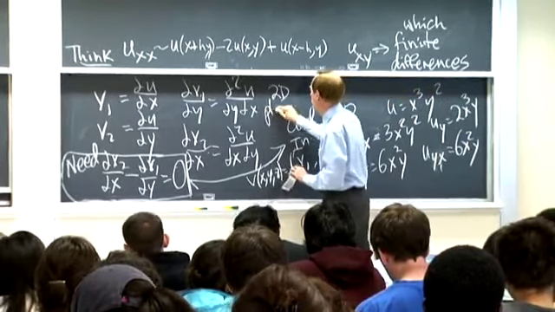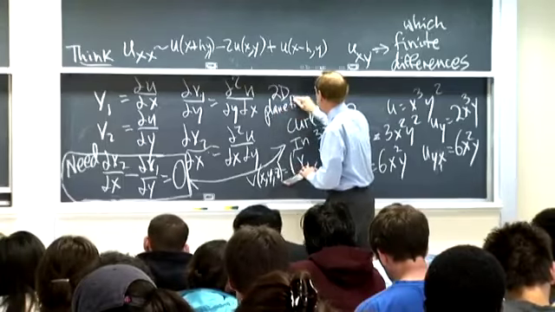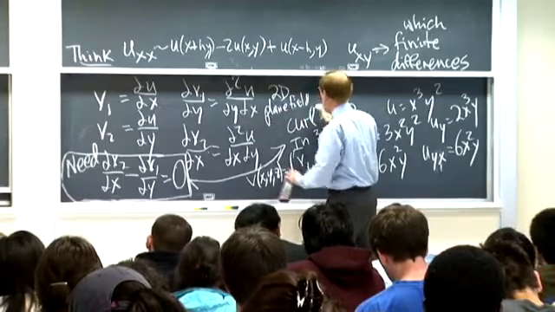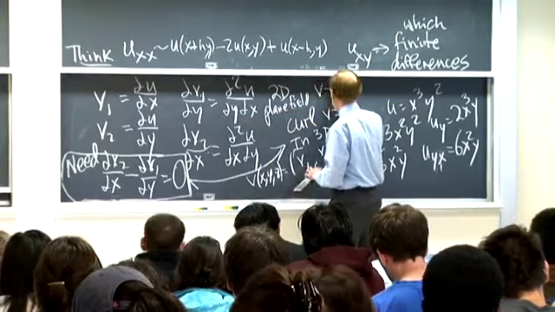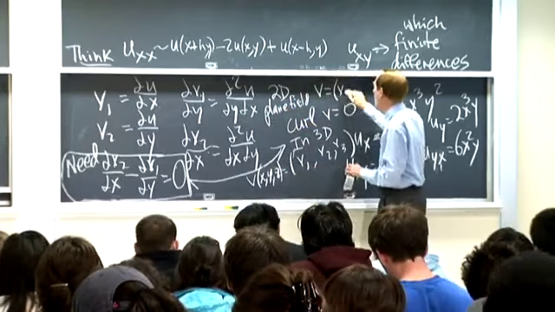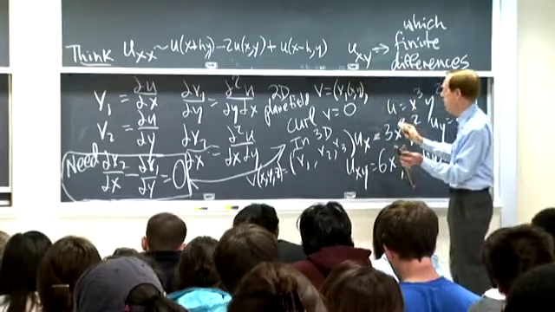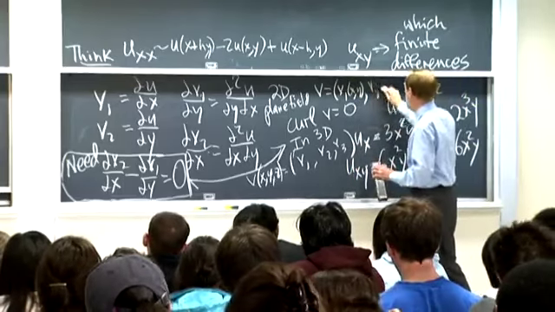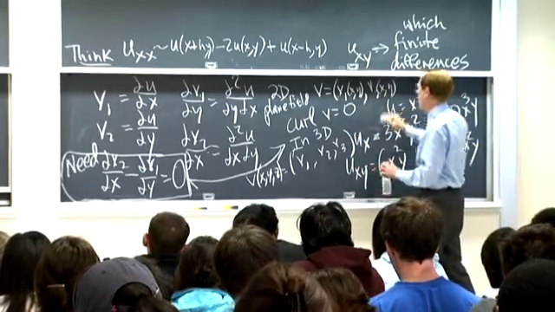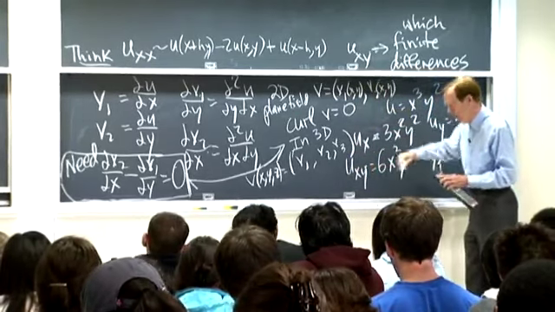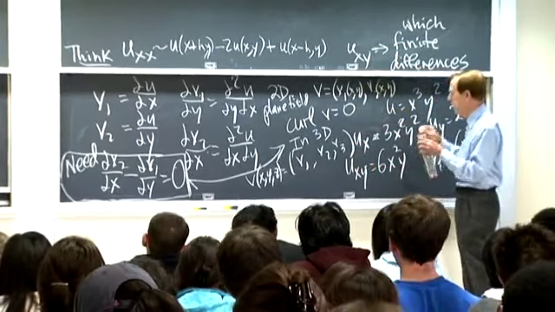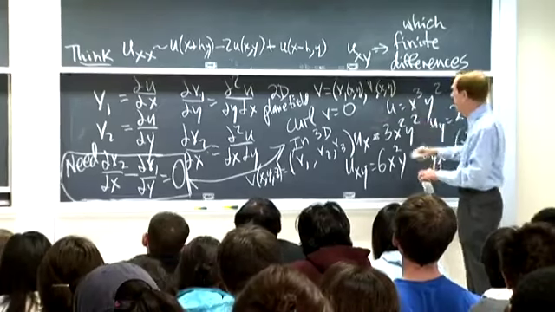A plane field is what I'm working with today. My V is some V1 of x and y, no z, no dependence on z, and V2 of x and y. The y direction of the velocity doesn't depend on z, because this is a plane field, same on every plane.